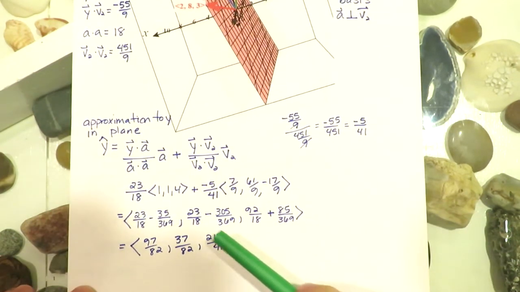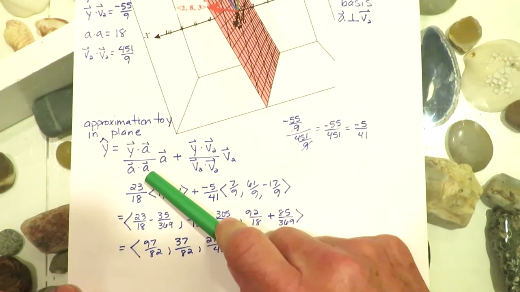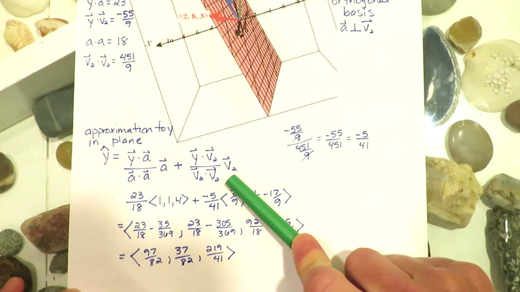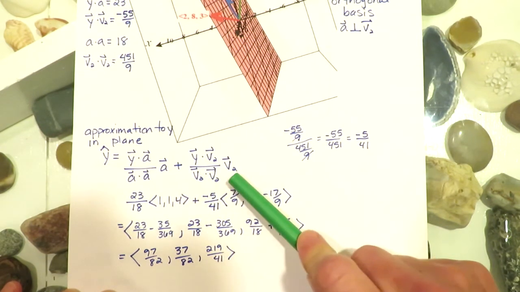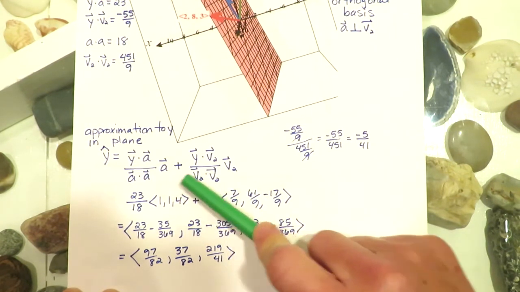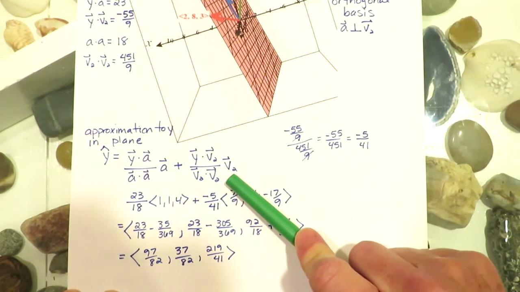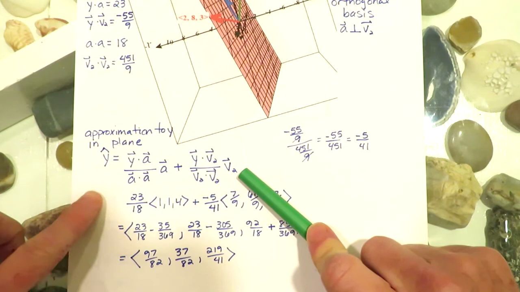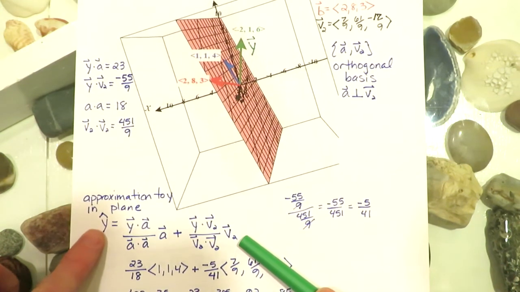The idea is that you add the projection of y onto each of the vectors that span your space. And we're going to use the perpendicular vectors, the orthogonal basis vectors. You need to use the orthogonal basis vectors in order to find this best approximation. So A and that vector v2 formed our orthogonal basis.